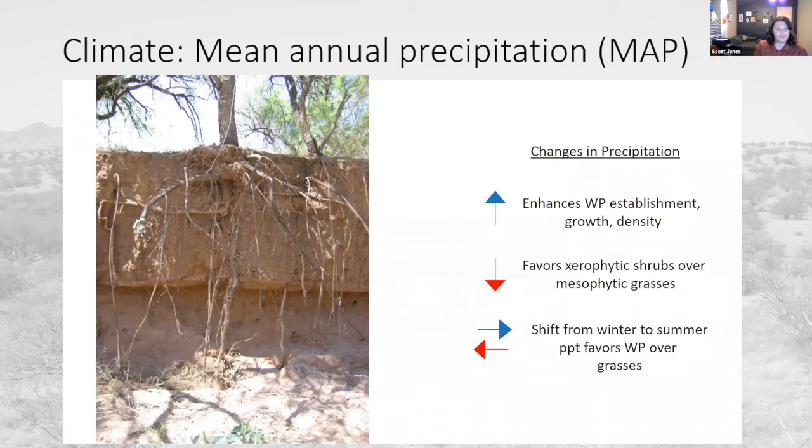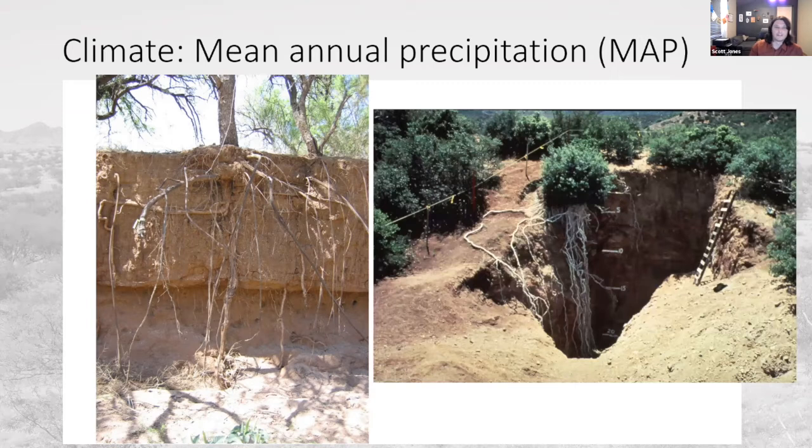They really show the rooting systems of these shrubs. Here's a mesquite in Arizona, and you can see not only does it have an extensive lateral rooting system, but it also has that deep taproot system. And then here is a photo from the chaparral in California, and you can see the root system of this plant going very deep into the soil, accessing those deep water reservoirs.